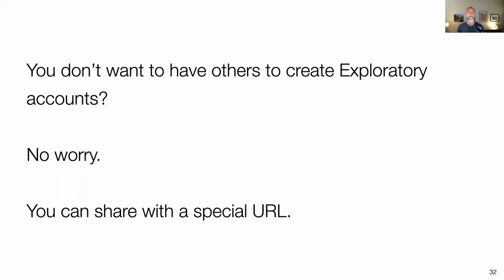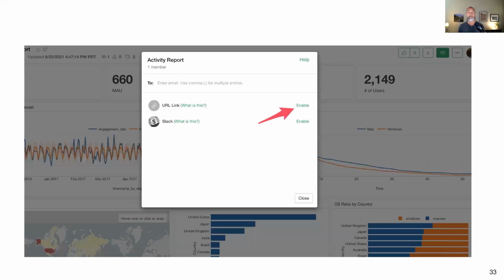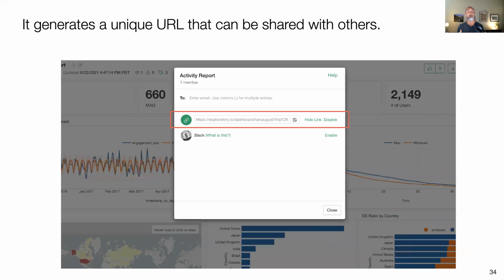So in that case, you can share your private dashboard with a special URL. In a sharing dialog, you can enable that URL link. What this is going to do is generate the special URL so that you can copy this URL and send that to others, and they can click on that URL to open this.